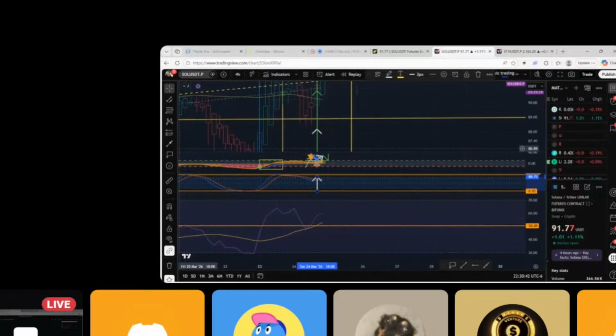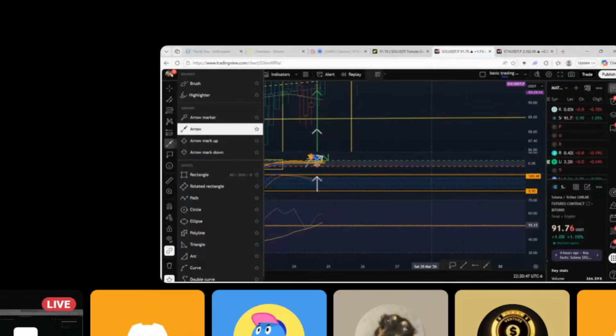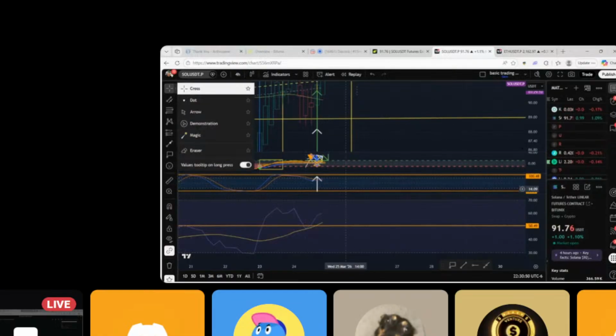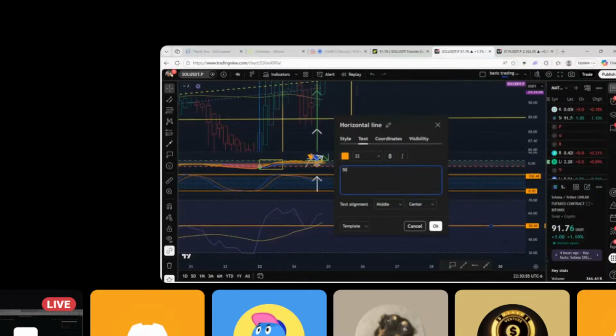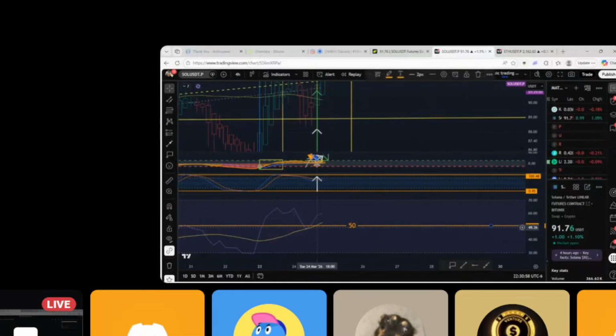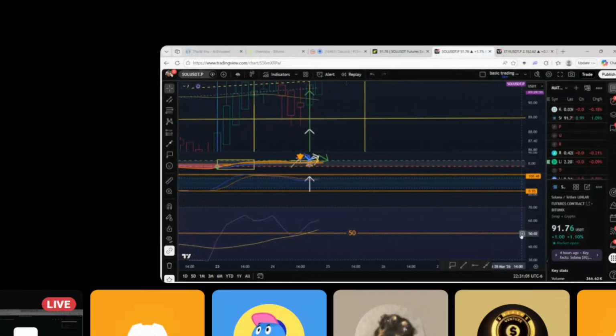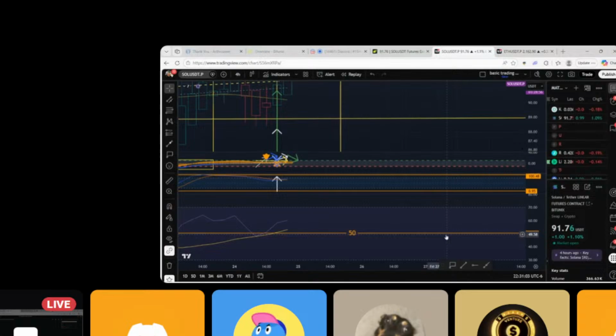So for Solana, this is the 50 line right here. When the regular RSI breaks above the 50 and the 4 hour is heading up, then that would be considered our trade, which would be somewhere pretty much in the same spot here. And I think at that level it's the same entry, which would be the next green moon.